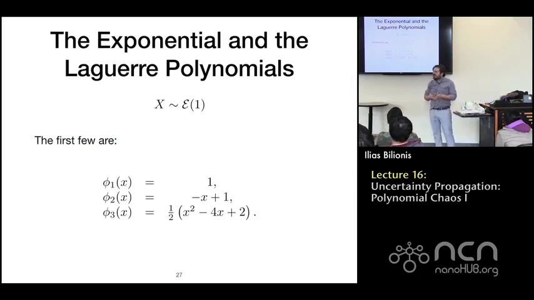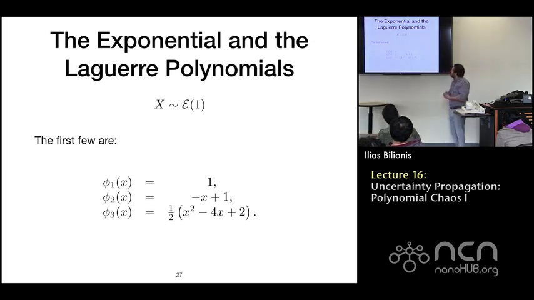If you use an exponential density, so if P of X is the probability density of an exponential random variable with rate 1, then these are the polynomials you get. These are called the Laguerre polynomials. Do you have to know the names? Of course not. I don't even know the names; I have to look at them and tell you what they are.